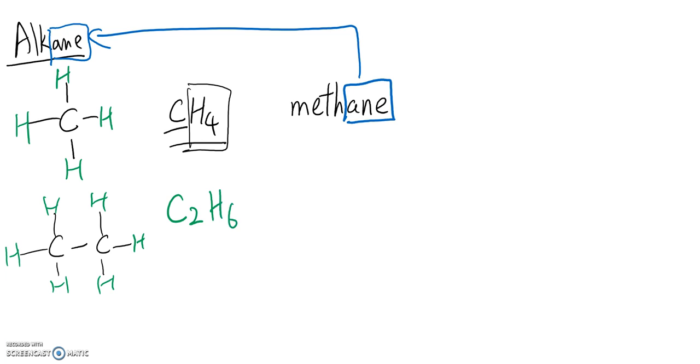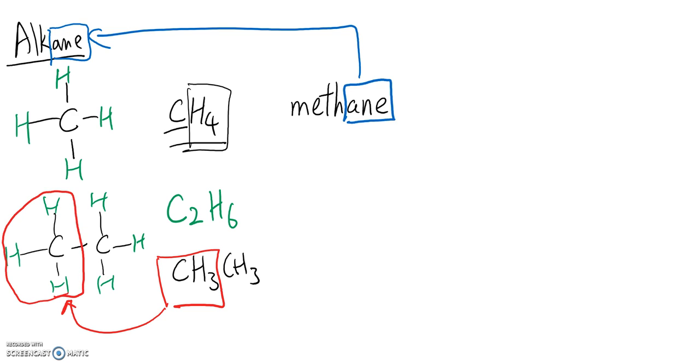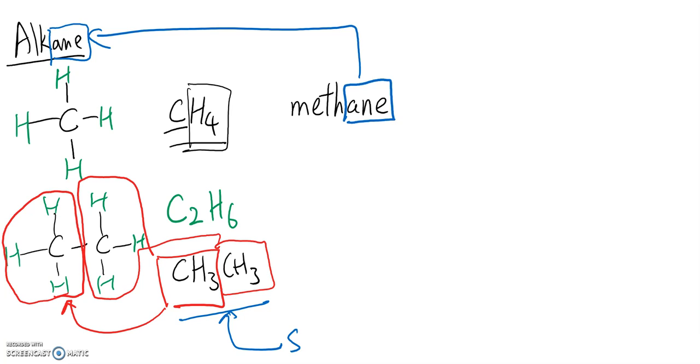But to make the structure of this compound clearer, we usually write it as CH3-CH3, where this CH3 means this carbon is connected to 3 hydrogens, and the other carbon is attached to another 3 hydrogens. If we display a formula like this, we call it a structural formula.